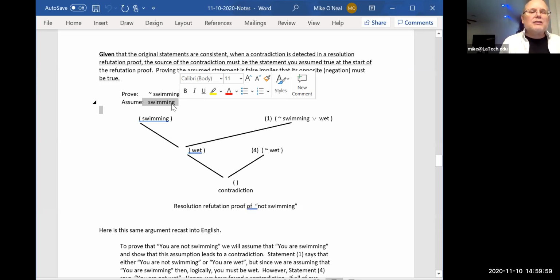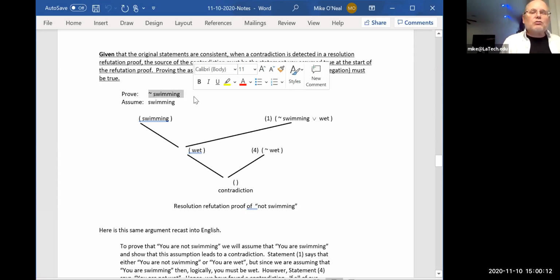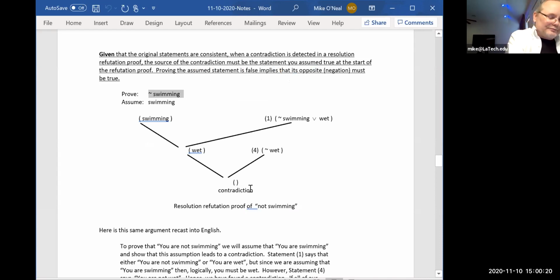True and consistent. So when I added this new, quote, fact that turned out not to be true, that introduced a contradiction, that means the opposite of that fact must be true. It must be true that you're not swimming, because if you add swimming to all of the things you know to be true, you get a contradiction. Let me say that again.